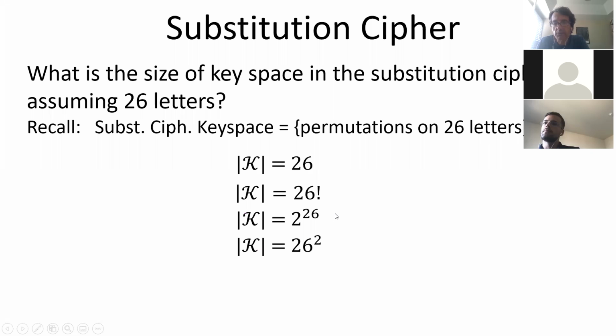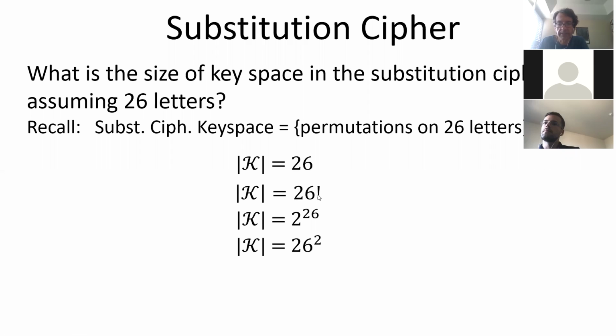So how hard is this to brute force? If I have 26 letters in the alphabet, and the key space includes all permutations on 26 letters, how many permutations of 26 characters are there? Sorry, I don't have a board, I guess I should do it on the chat.